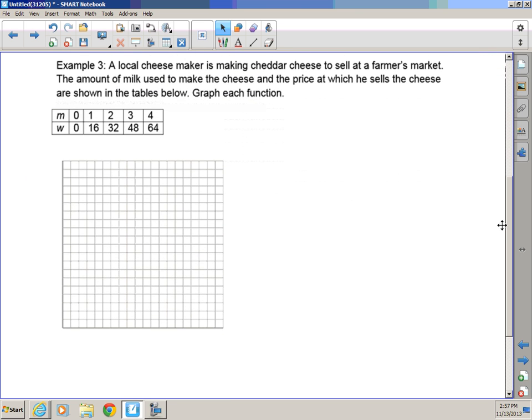Now, last example. A local cheesemaker is making cheese. M is the amount of milk needed to get the weight in cheese. Okay? And I want to graph that relationship.